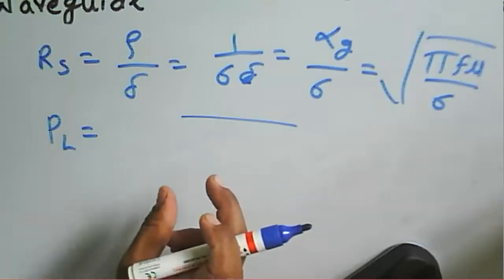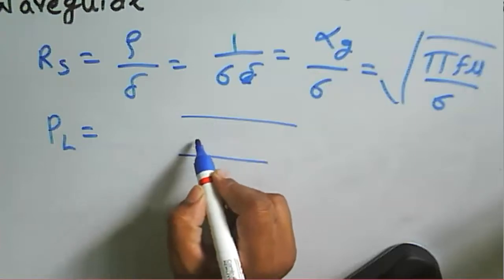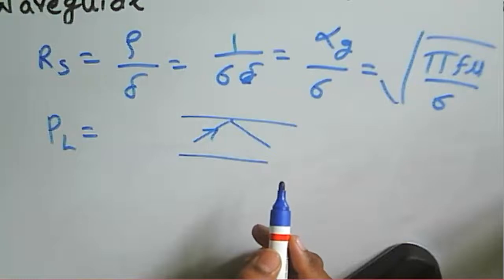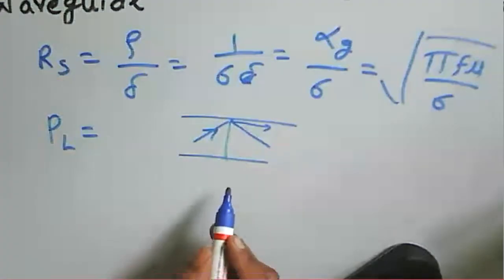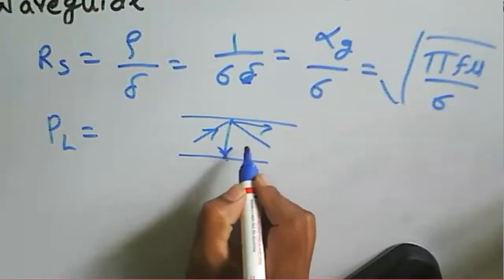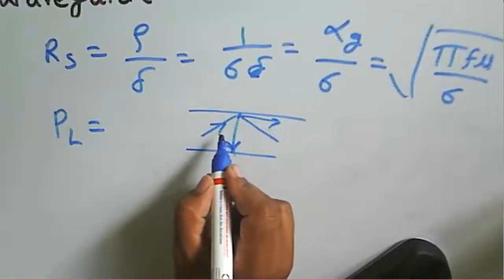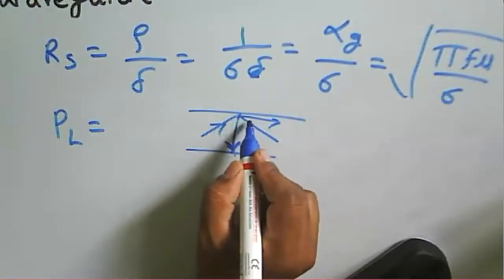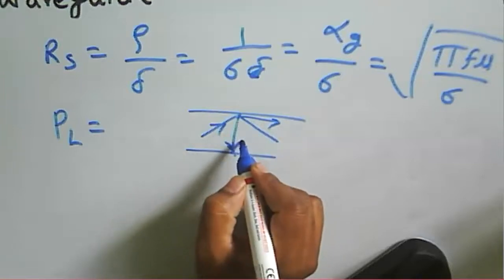We have to consider the field vector propagating here. So there will be a normal component and a tangential component. Now the wave is propagating through this guide. At this point we get two components, one is the tangential and the other a normal component.